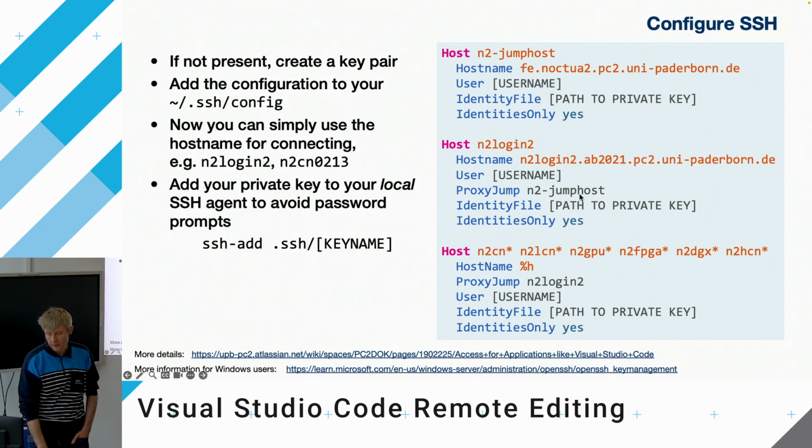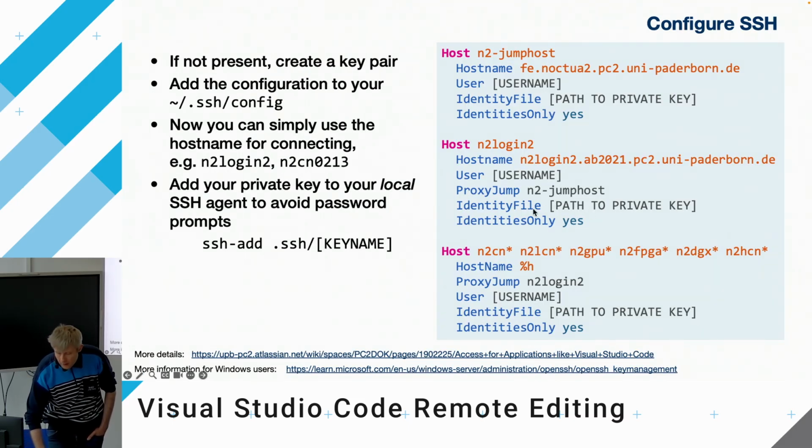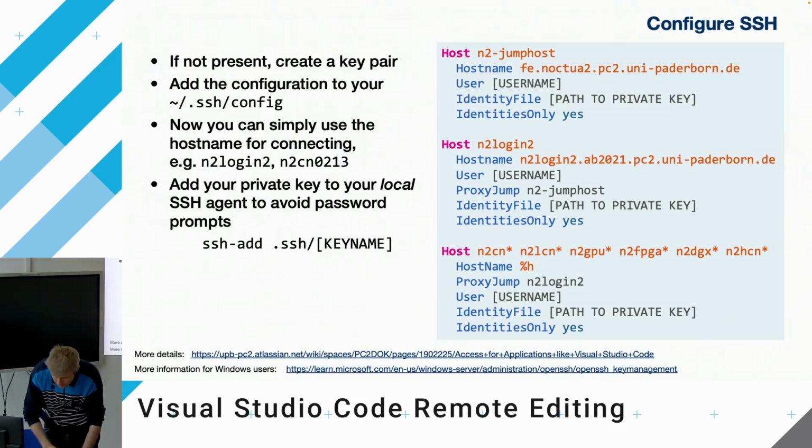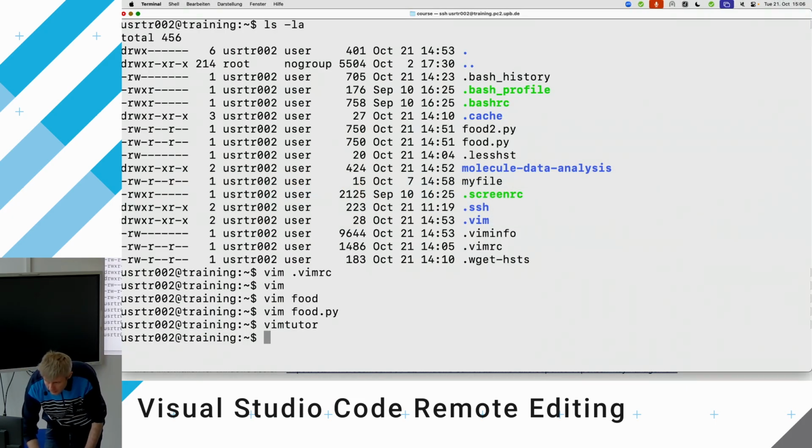It will automatically jump over this host because of this configuration line, ProxyJump. And if you have public key authentication, here is the IdentityFile line with the path to the key, and then you can use the ssh-add command to add it to your agent. So let's take a look at this.